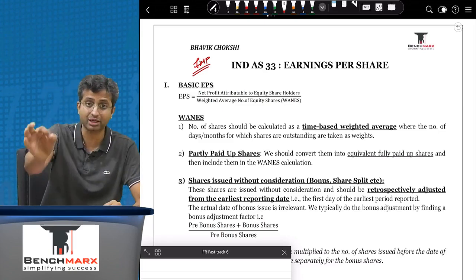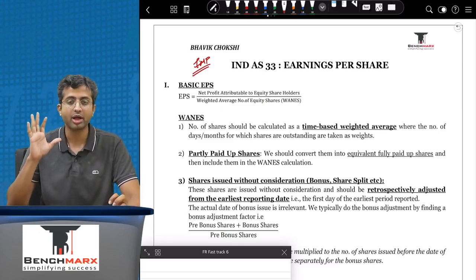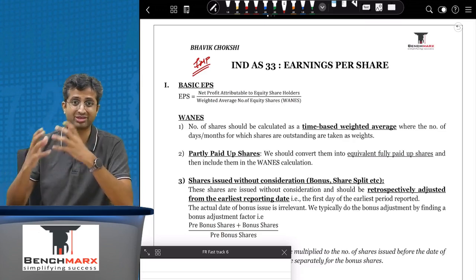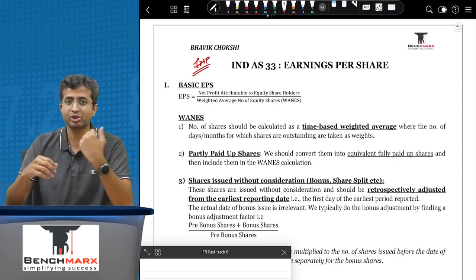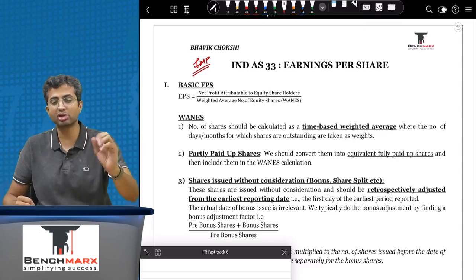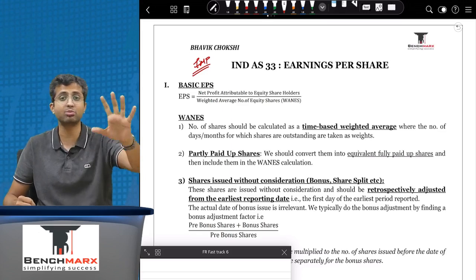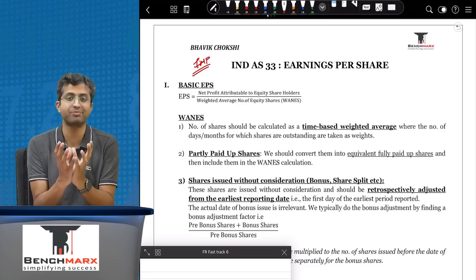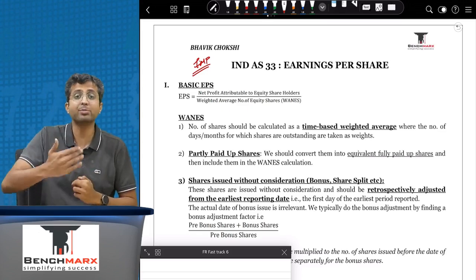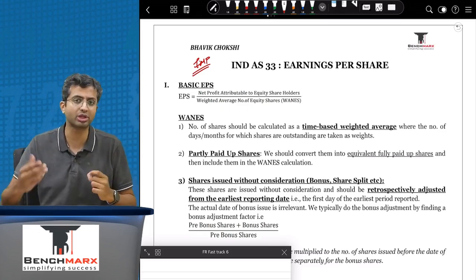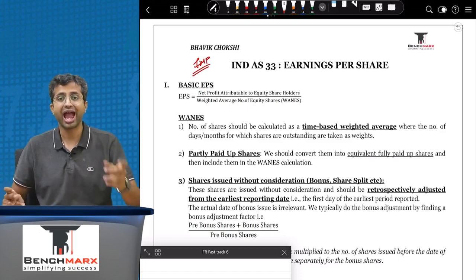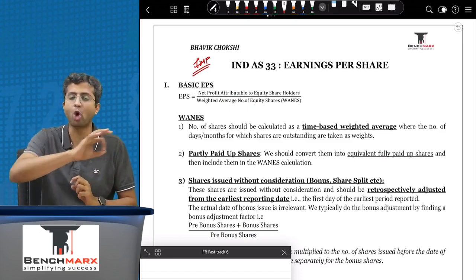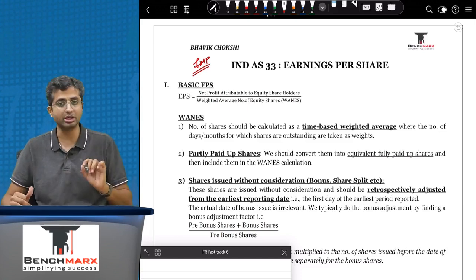In fact, it has to be after all payments to other providers of capital as well, because equity shareholders get the money last, which means it has to be after the deduction of preference dividend, interest on bonds, and even payment of government taxes. After that, whatever pool of money remains belongs to the ordinary shareholders.